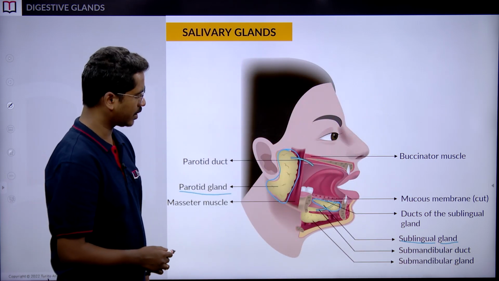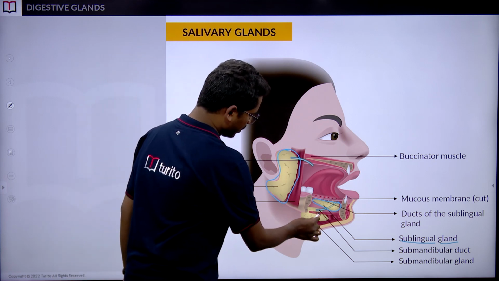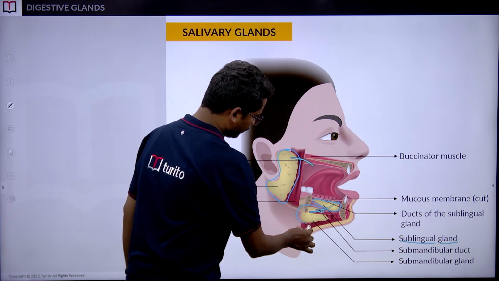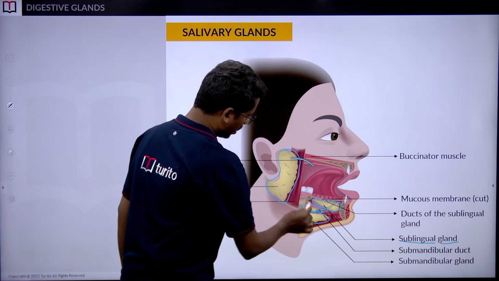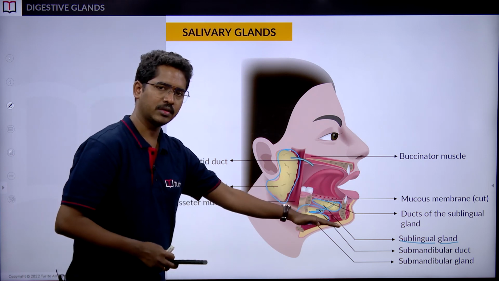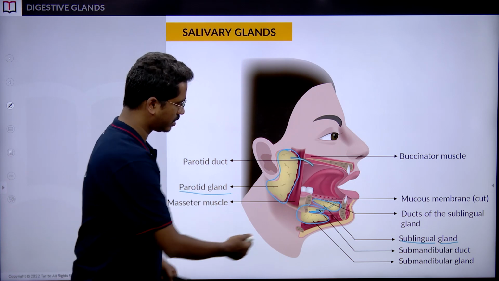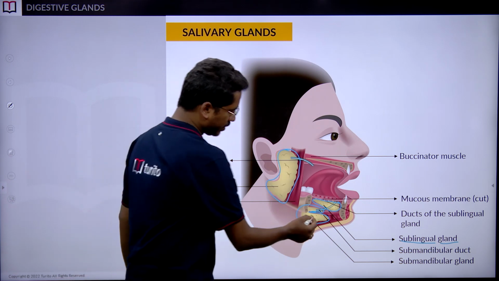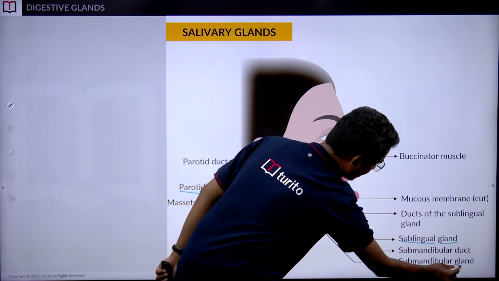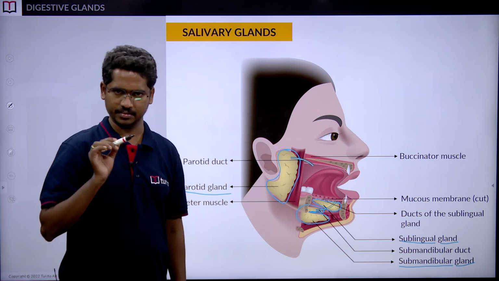Now, if you observe this particular gland, it is located like this in the shape of a U, just under the tongue somewhere here. That particular gland is the submandibular gland.